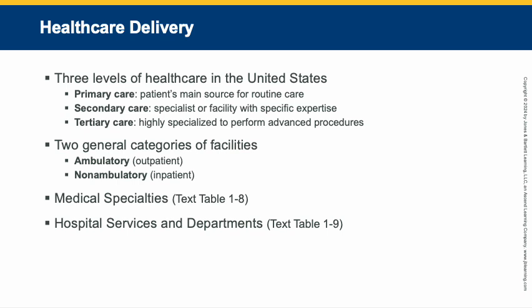Tertiary care typically involves specialized care within a hospital, such as a specialized burn unit or intensive care or cardiac intensive care unit, which is specialized. There are two general categories of facilities. You have ambulatory, which is outpatient, and non-ambulatory, which is inpatient. And those support all three levels of the care.